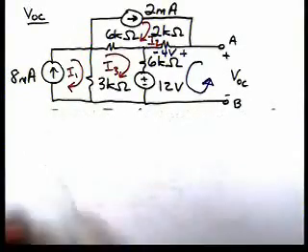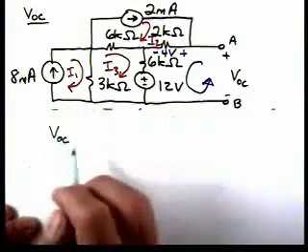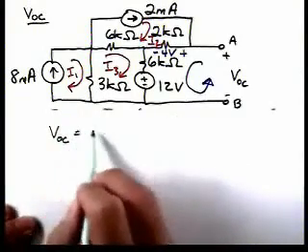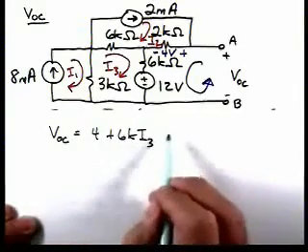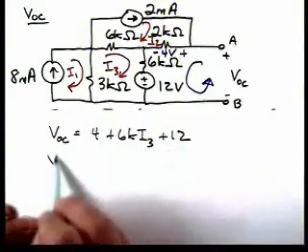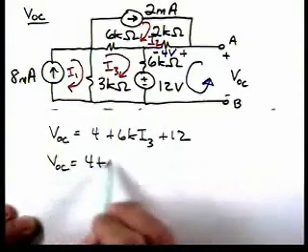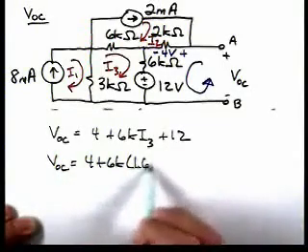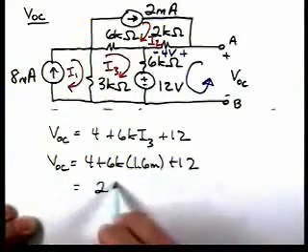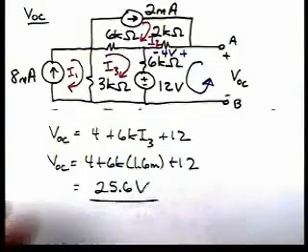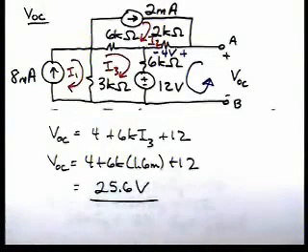We'll have V open circuit equal to 4 plus 6K I3 plus 12. So V open circuit is 4 plus 6K times 1.6 milliamps plus 12, and that gets us 25.6 volts. Okay, so that is the value for V open circuit.